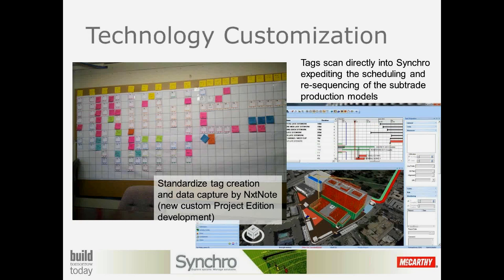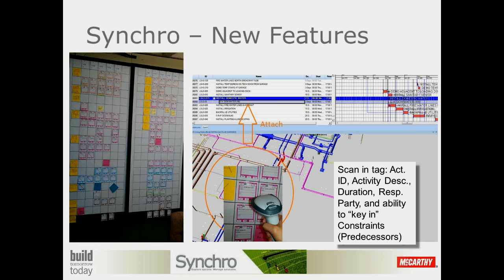The other thing we did is we customized a next node application, working with Tom and Synchro, to capture this information. As you see over on the left, you see the tags. Those tags have a unique activity ID, an activity description, responsible party, duration, and constraints, because it's lean.